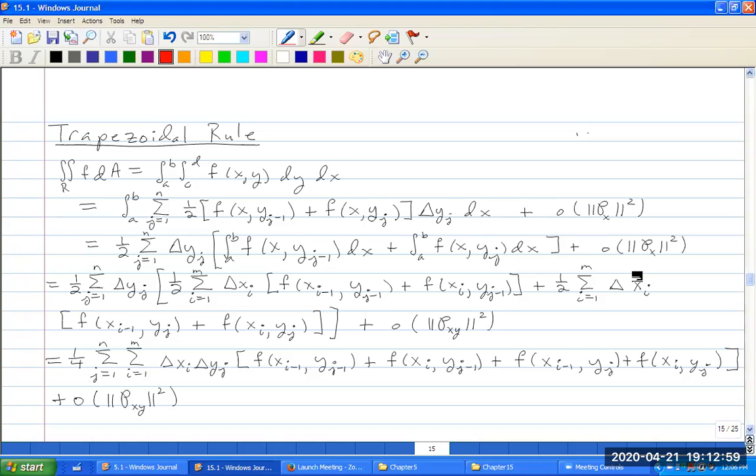So this is equal to, well, I can use the trapezoidal rule on this guy and the trapezoidal rule for this guy.